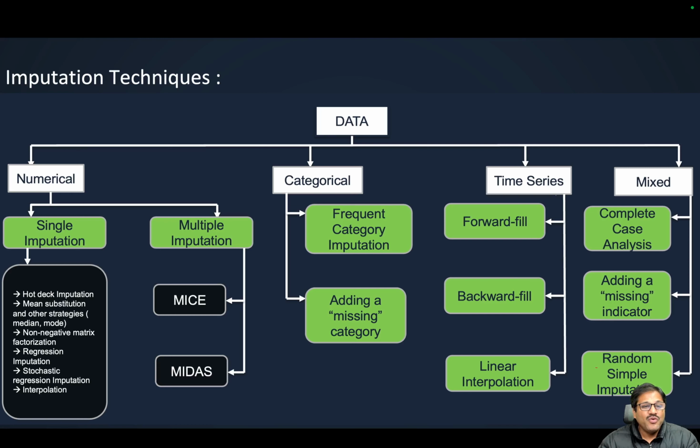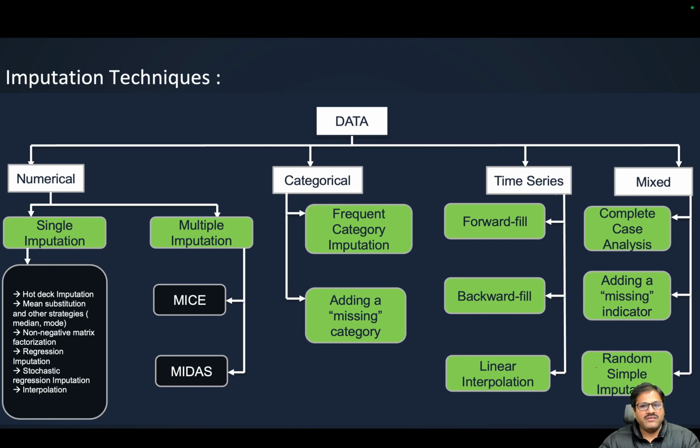If your data is categorical, then we do frequent category imputation and addressing the missing category. So we do various ways depending upon your data set. In this video, we focus on data containing numerical values and imputation.